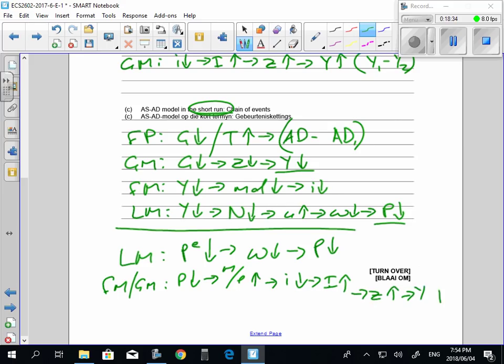Output and income increase. Now remember, in your ADAS graph, you would have shifted your aggregate supply curve in this case, and it's always in the opposite direction to your aggregate demand curve. You return the economy towards the natural rate of output and income. Okay. But again, don't get confused. You would have stopped here for this question because it said short run. All right.